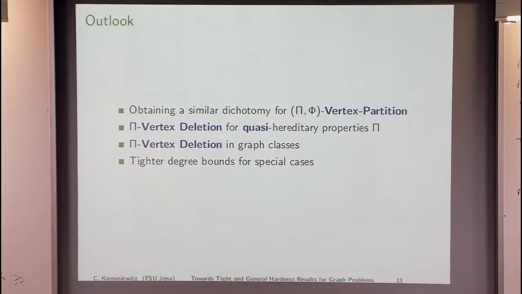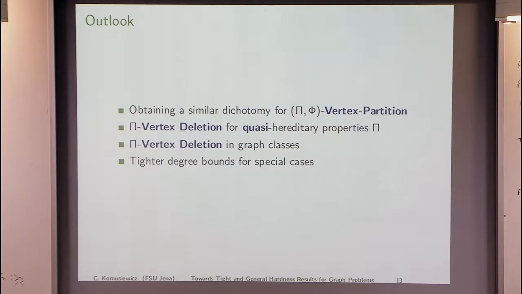Another interesting thing would be to have more general hardness results for these quasi-hereditary properties. This is a property where you cannot delete all vertices and stay in the property, but there exists one vertex that you can delete. And of course, this includes being connected, so it's not NP-hard for all properties.